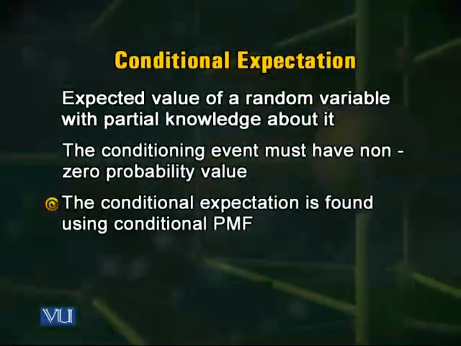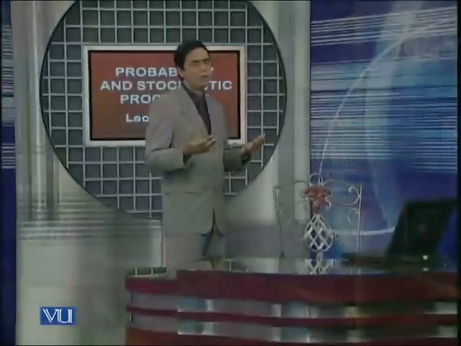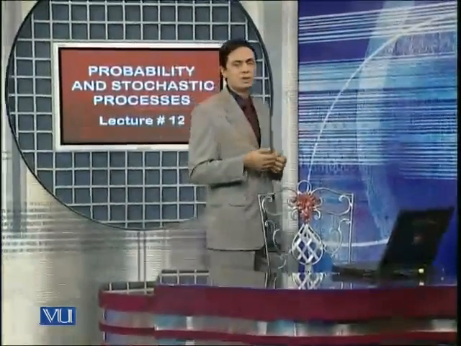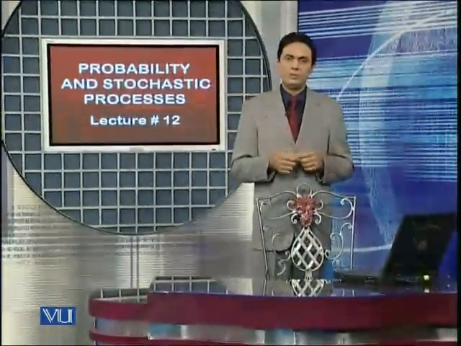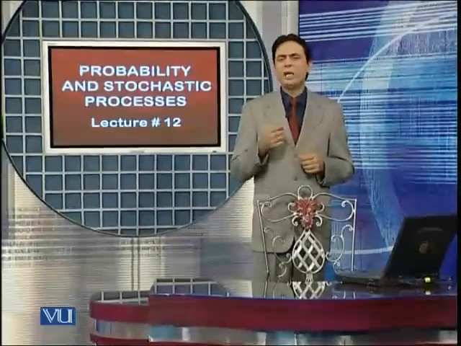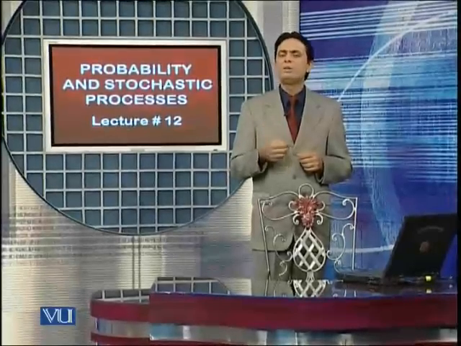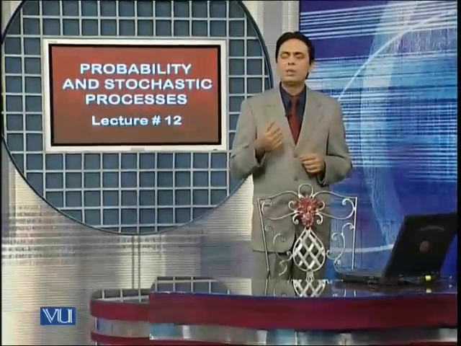So how do you find conditional expectation? It's easy. You take the conditional probability mass function of a random variable under the additional information, use that probability mass function and find your conditional expectation. In the previous lecture, we talked about an example of conditional probability mass function.